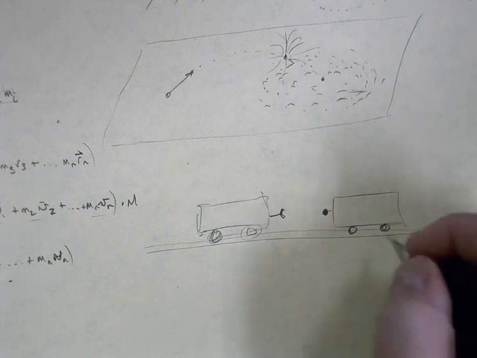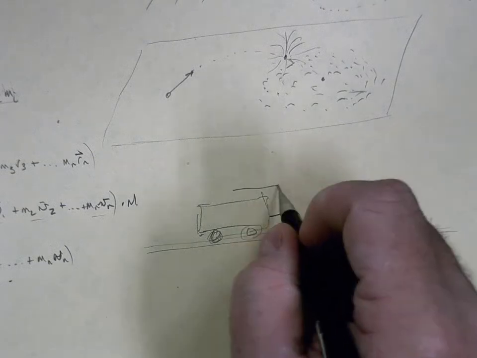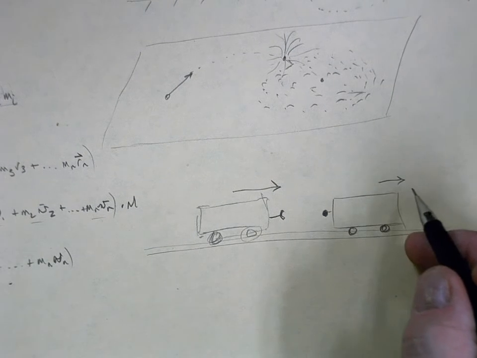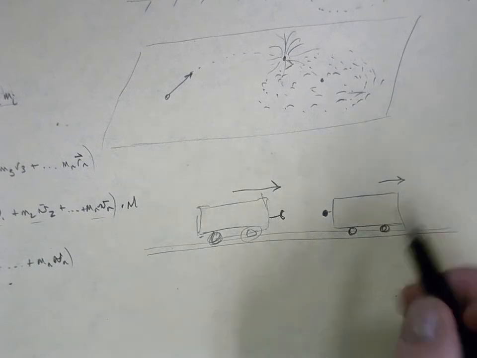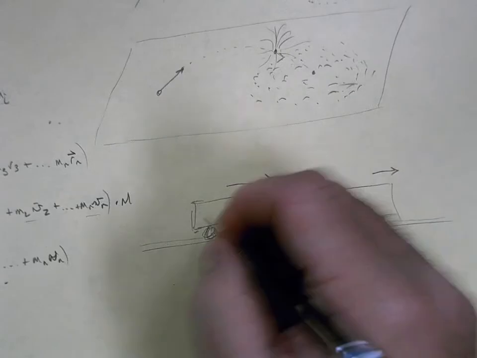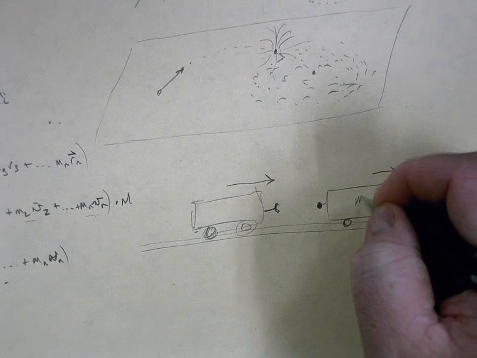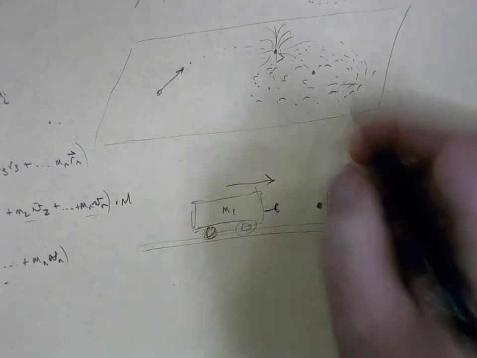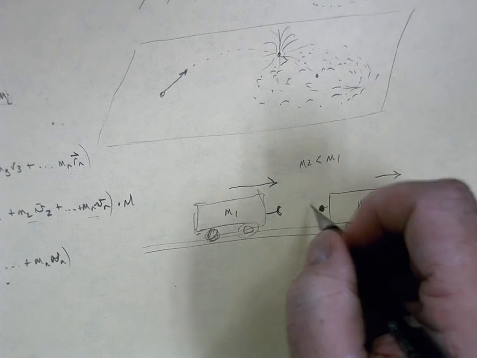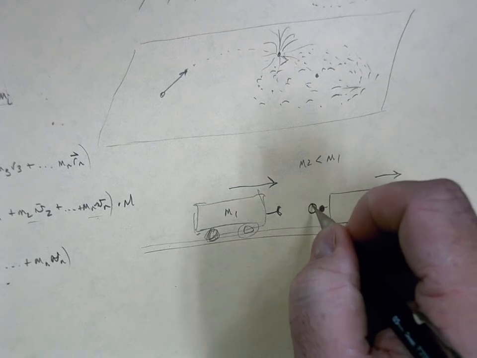They're on their rails, and they both have a velocity. This one has a greater velocity than this one. Let's say this is slightly heavier, so M2 is greater than M1, and so the center of mass of the system is right about here.